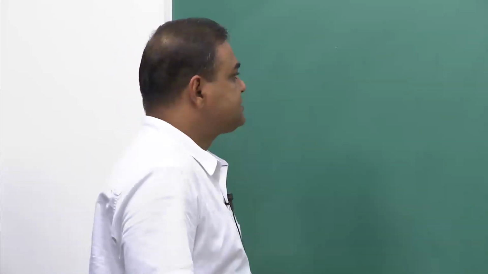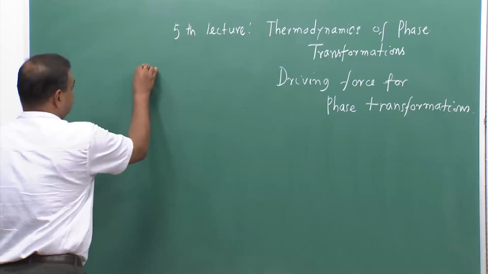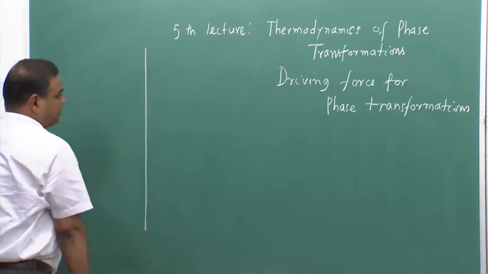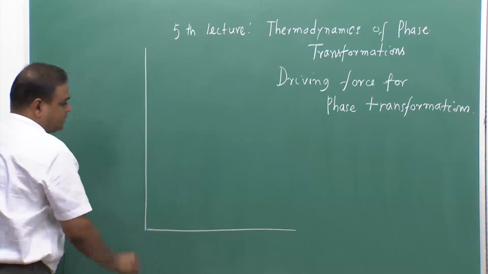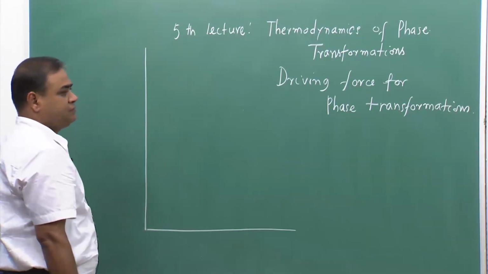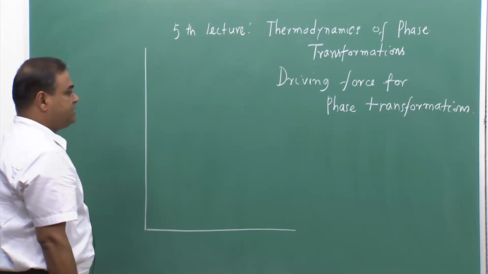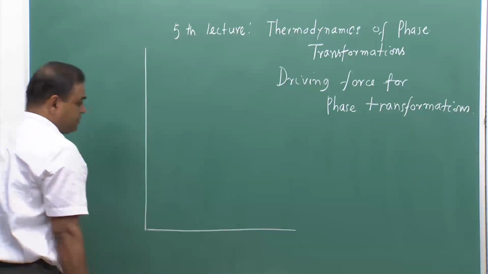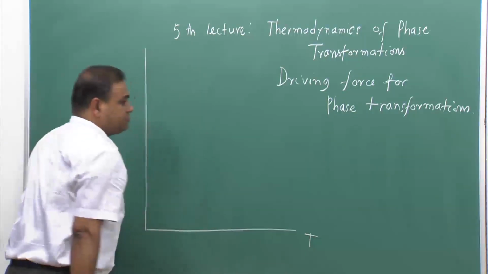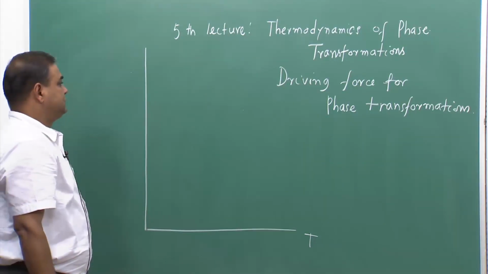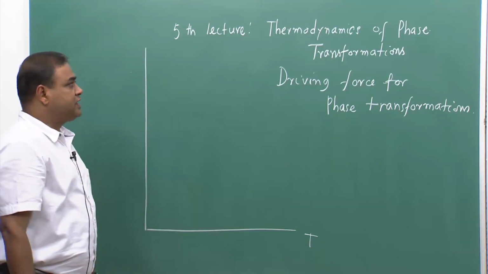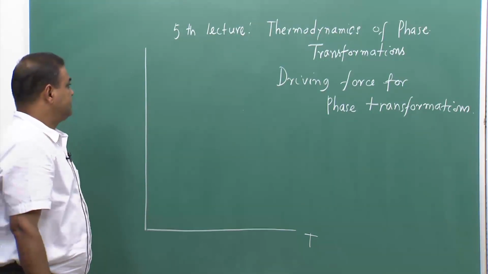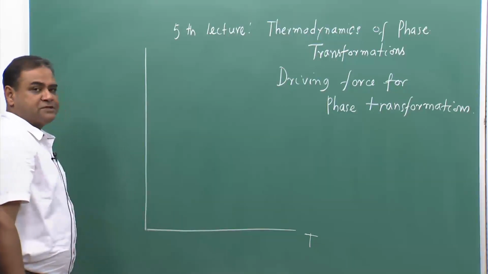Now, last class we started with the pictorial change of enthalpy, entropy and Cp as a function of temperature for a condensed system, and we have taken a single component system. That means it is a pure substance.